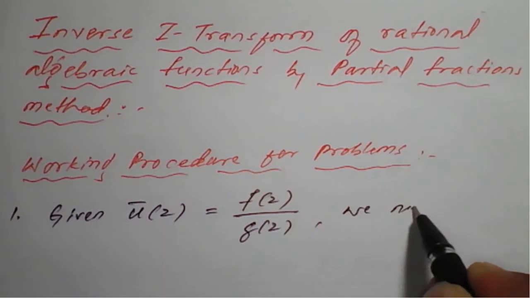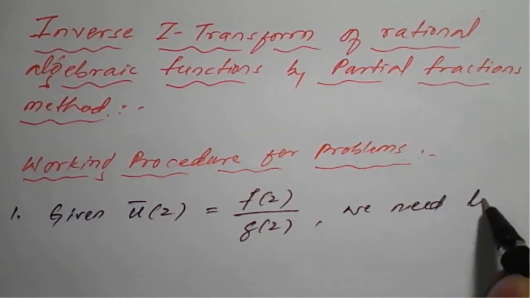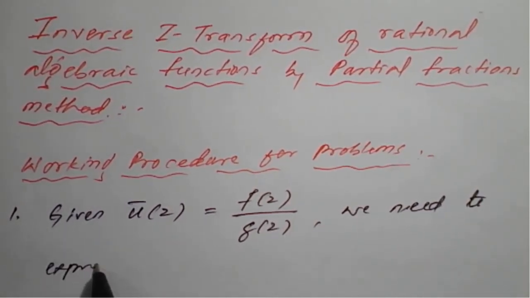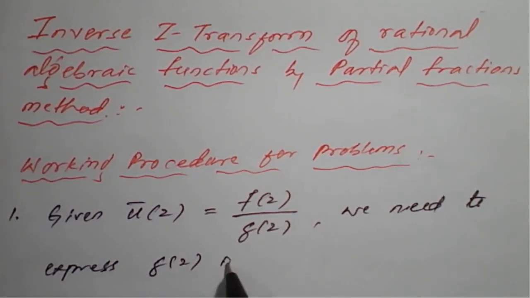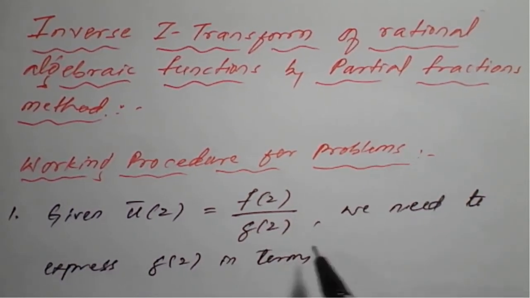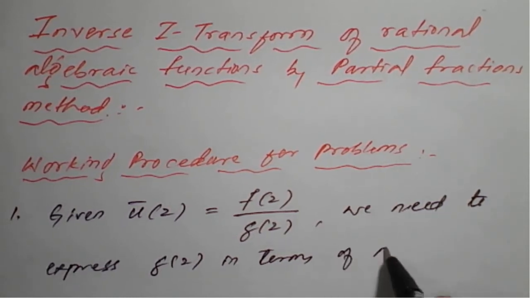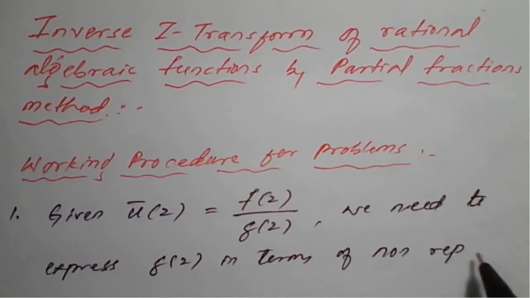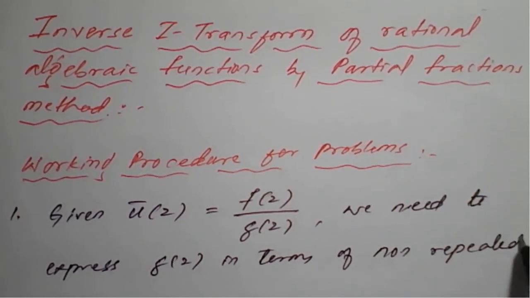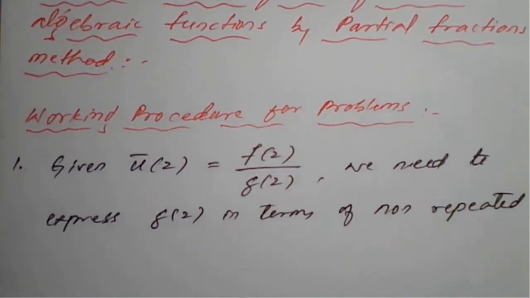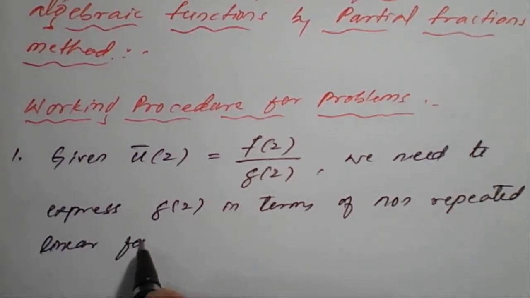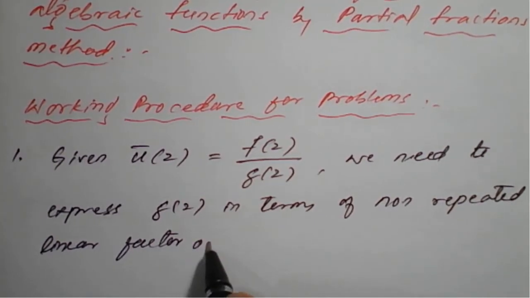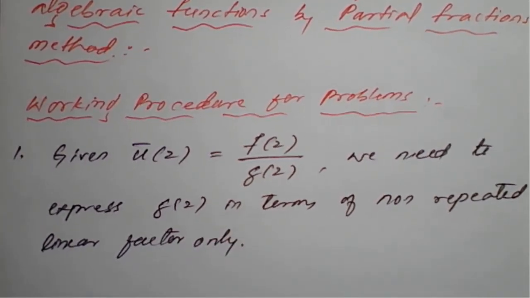So we need to express the denominator, that is g of z, in terms of non-repeated linear factors only. We need to remember that.